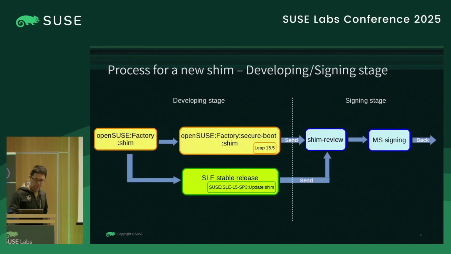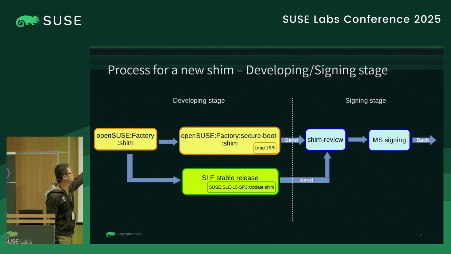Okay, then is our internal, not really internal, it is also related to open source for openSUSE, our Shim delivery. In the development stage, we start from the factory, of course, and they have one Shim package, but it's not the real Shim for delivery.